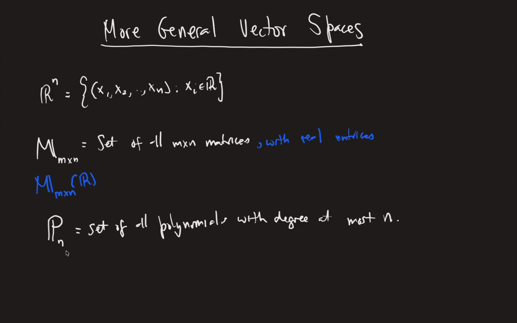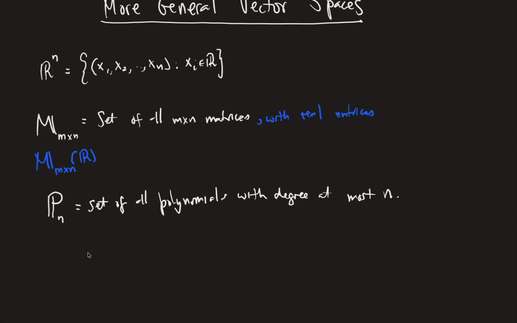But yeah, so what does this look like? Well, I didn't write it out for the matrix one because we've written down the general matrix, but here's the general vector in Pn, or polynomial space, if you will.